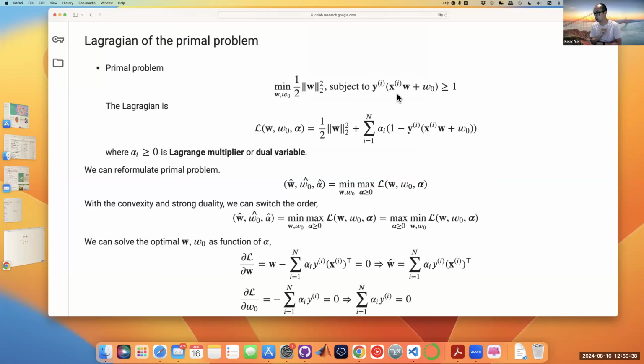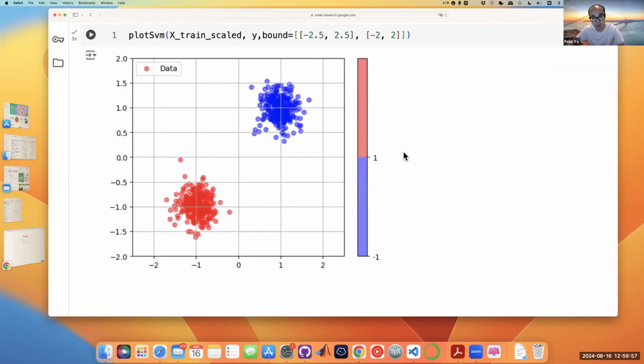It's much more difficult to vectorize and write out explicitly compared to the dual problem. So for this hard margin problem, it is much simpler to work directly on the dual problem.